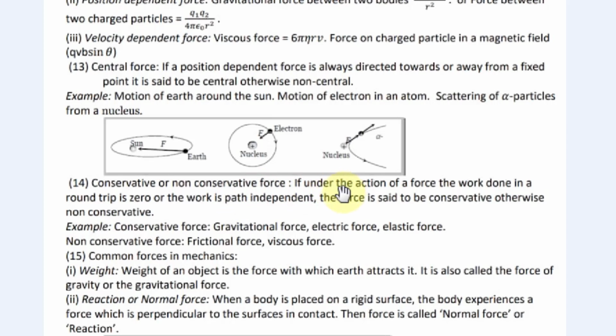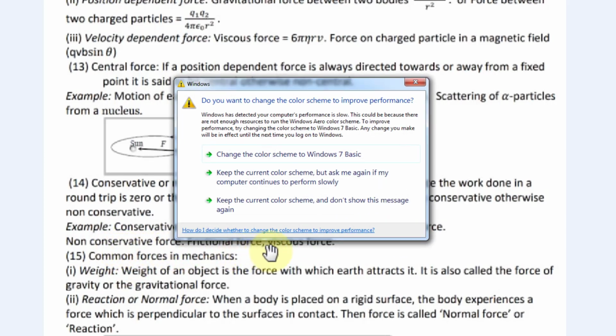If under the action of a force the work done in a round trip is zero, or the work is path independent, the force is said to be conservative. Otherwise, it is non-conservative. Examples of conservative force: gravitational force, electric force, elastic force. These are all conservative forces. Whereas non-conservative forces are frictional force and viscous force.